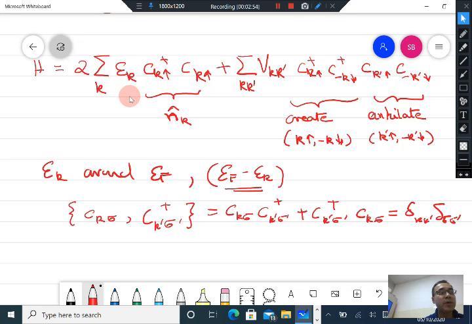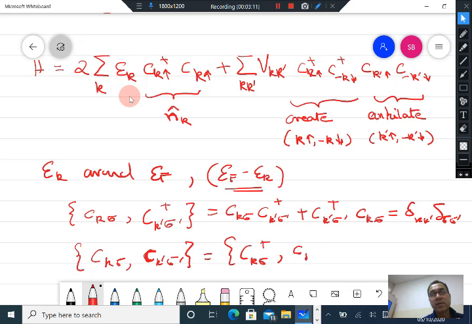This is one anti-commutation rule, and the other is Ck sigma Ck prime sigma prime equals Ck sigma dagger Ck prime sigma prime dagger equals 0, where sigma or sigma prime represents the spin up or spin down electron.